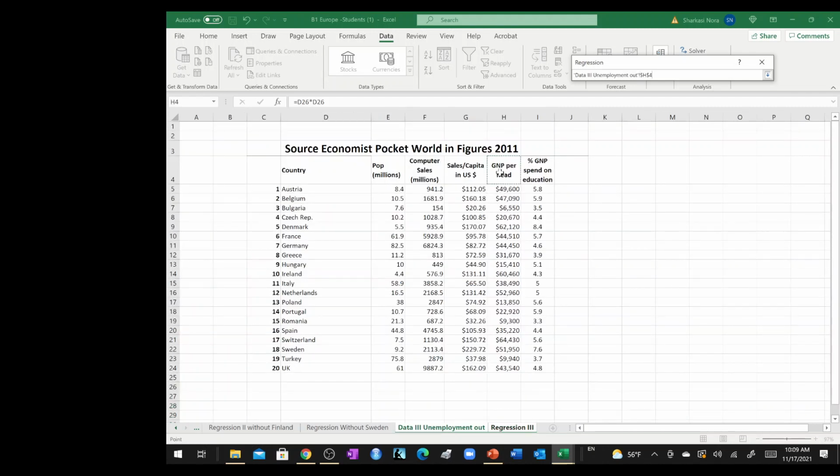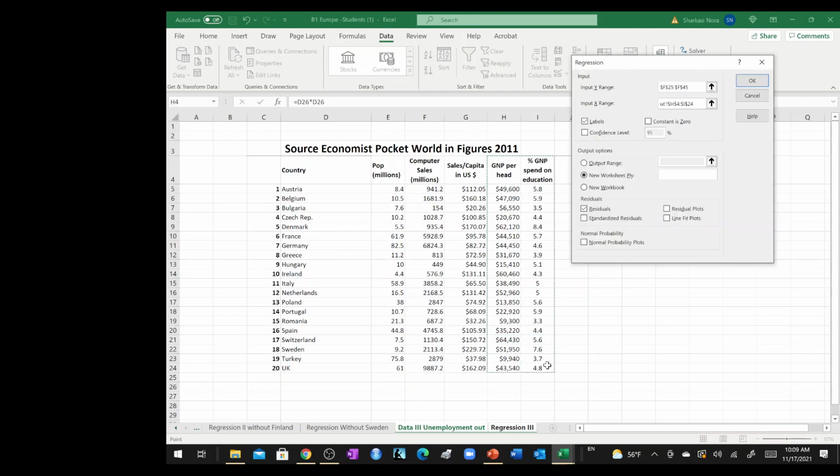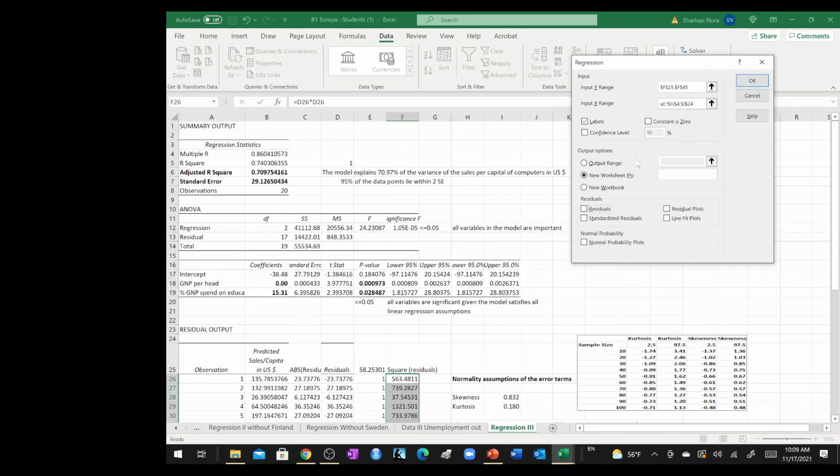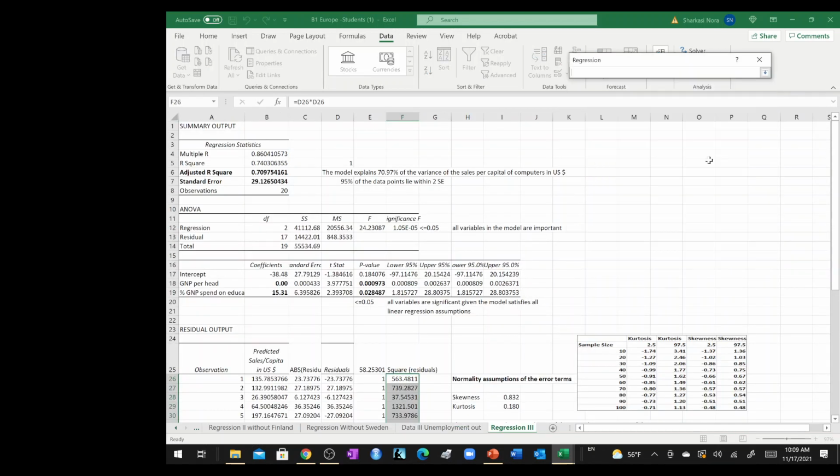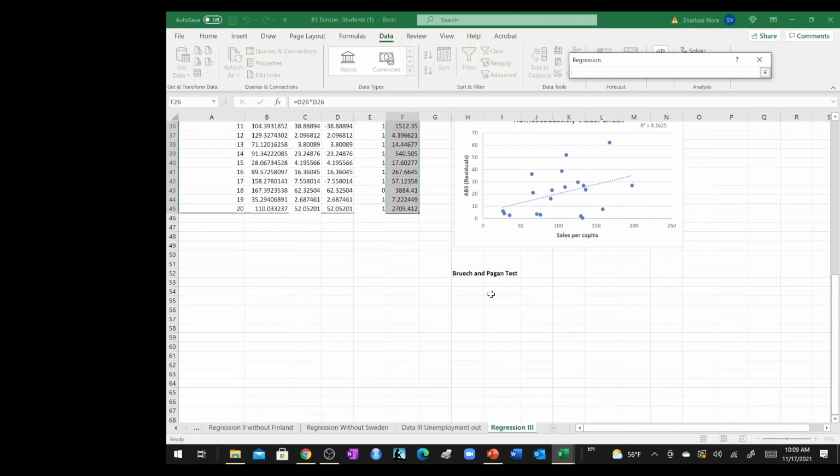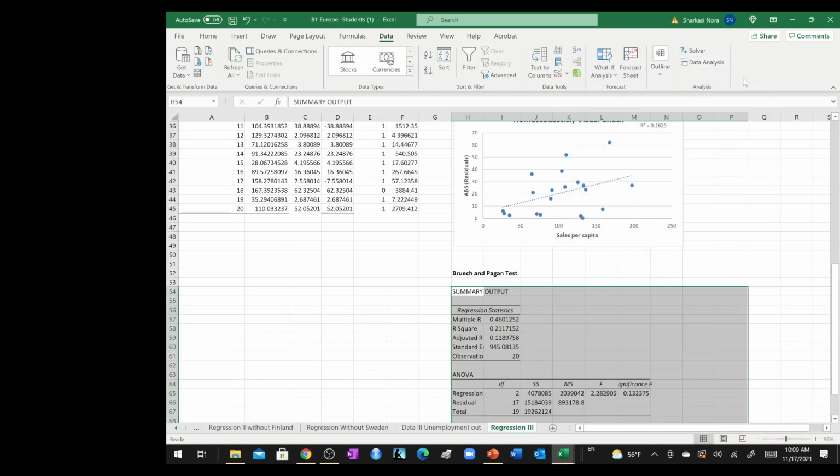So the independent variables are these two here, right? And we don't need the residuals for this test. And then let's put the output not in a new sheet. Let's keep it here in our sheet, right under where we are checking the assumption.